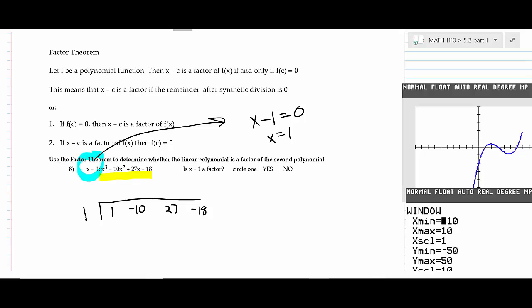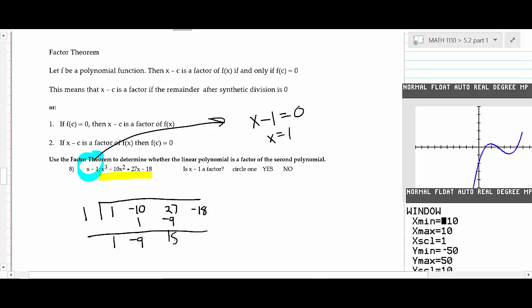If this remainder ends up being 0, then it's a factor, because then the function value would be 0. If the function value is 0, then you're right on the x-axis. It's like an x-intercept. That's what it means in this particular problem. So we bring down the 1, multiply, that's negative 9. Multiply 1 times negative 9, that's negative 9.